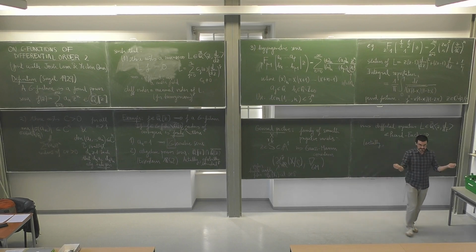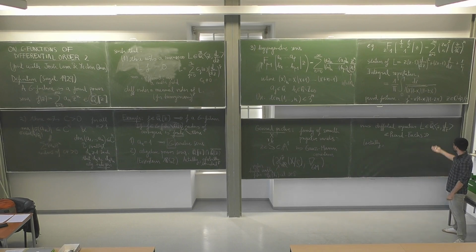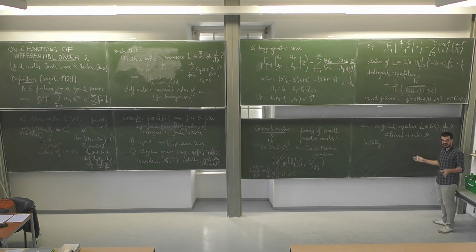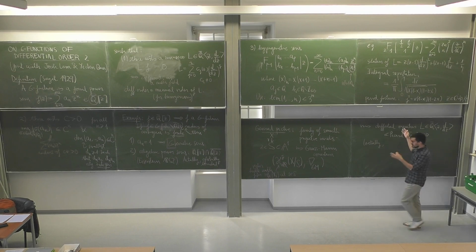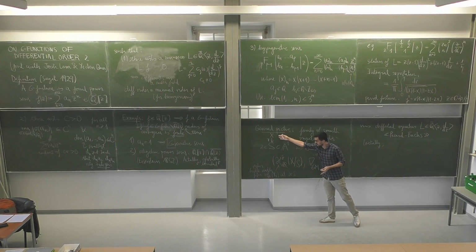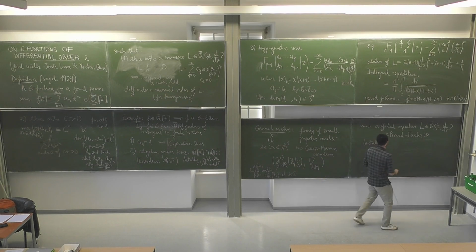Then you can factor it inside the ring of differential operators, and then you can recombine the irreducible factors. So what we are going to call a Picard-Fuchs operator will be a product of irreducible factors of Picard-Fuchs operators associated to families.